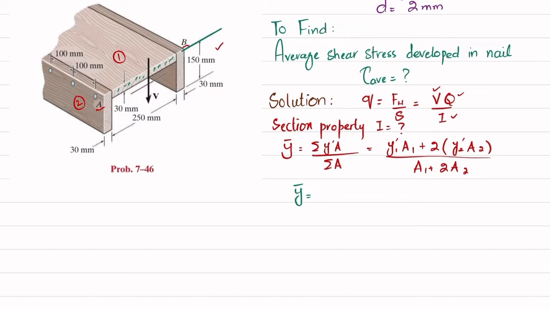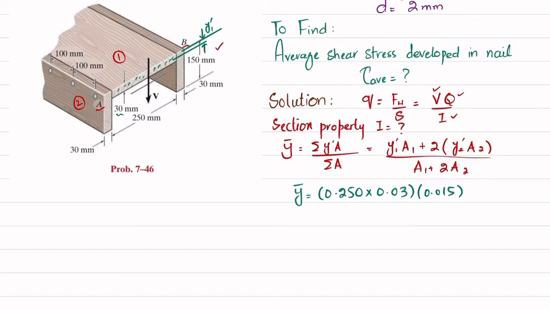So 250 millimeter in meter is 0.250 multiplied by its thickness, 30 millimeter, which is 0.03. What is y1 dash? It is the distance from the top surface to the mid of this first section, which is 30 divided by 2, equal to 15 millimeter, so 0.015.